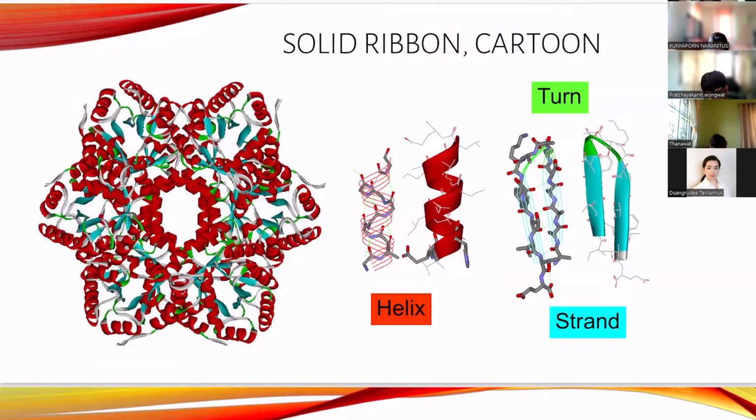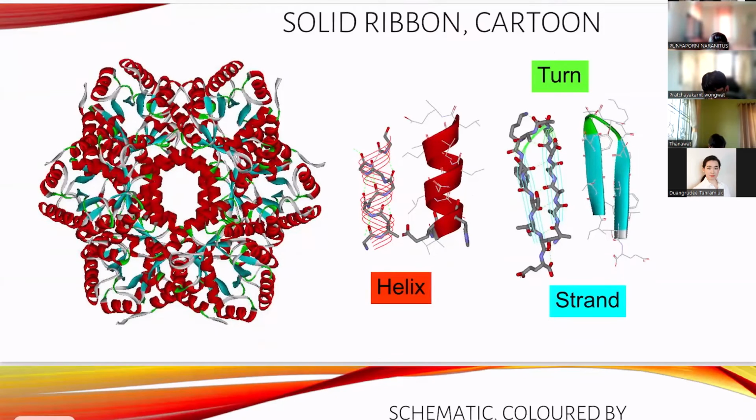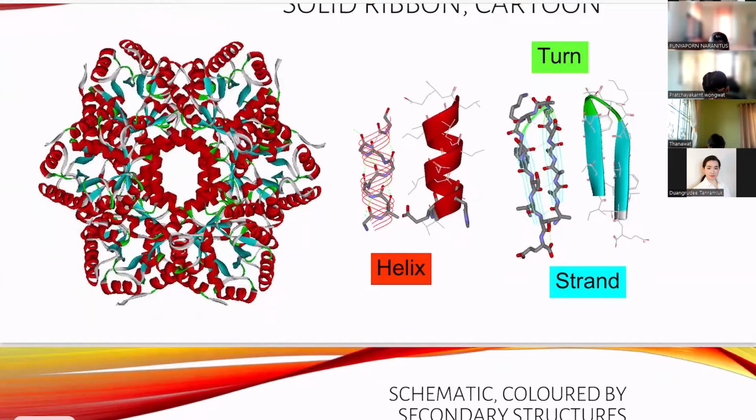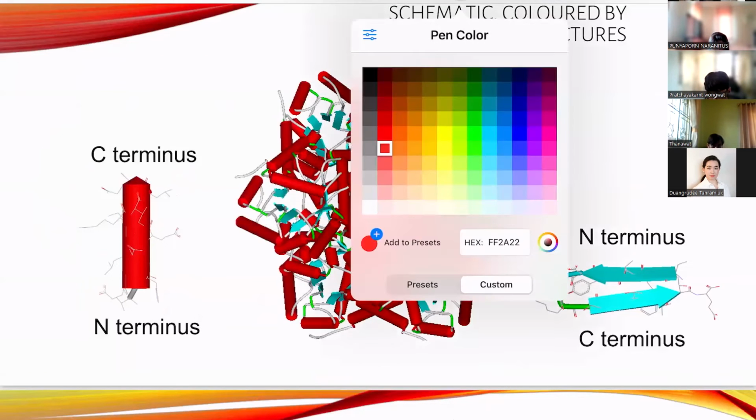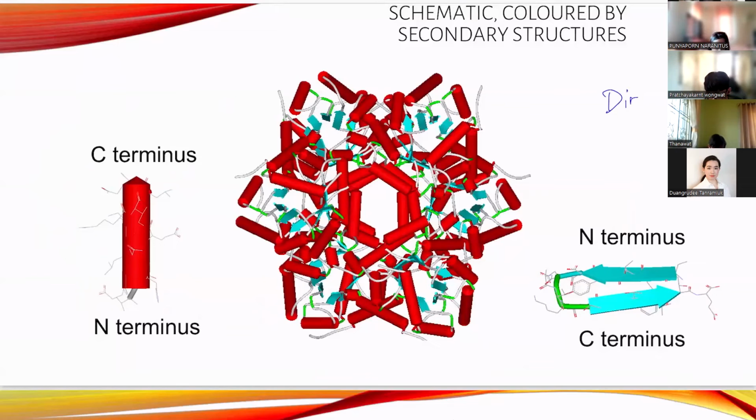For schematic, you can see that the key is direction. So it will go from N terminus to C terminus, from N terminus to C terminus.